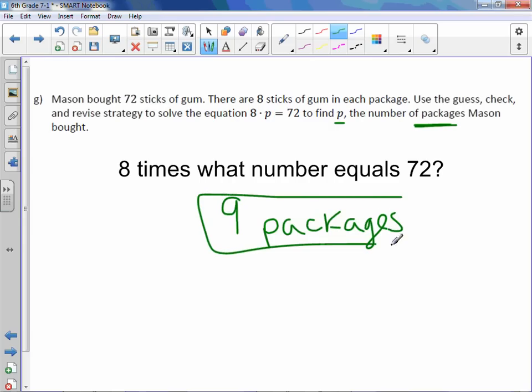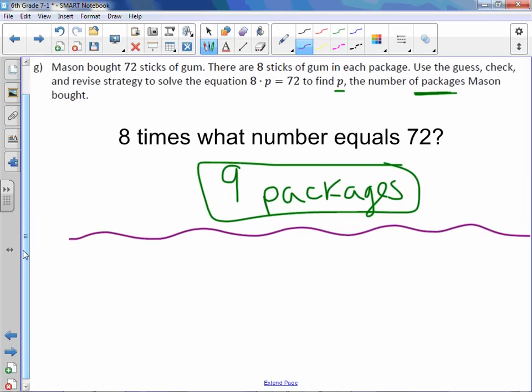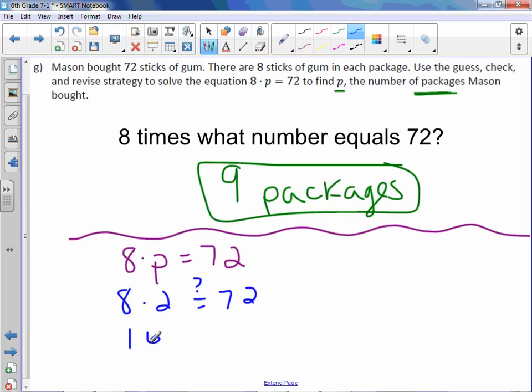Now, let me just take a moment here. You could have solved this using the guess method and plugged in random guesses. So we have the equation 8 times p equals 72. I could have guessed 8 times 2 equals 72. Well, that's 16, so that's not a solution. Maybe 8 times 8 equals 72.